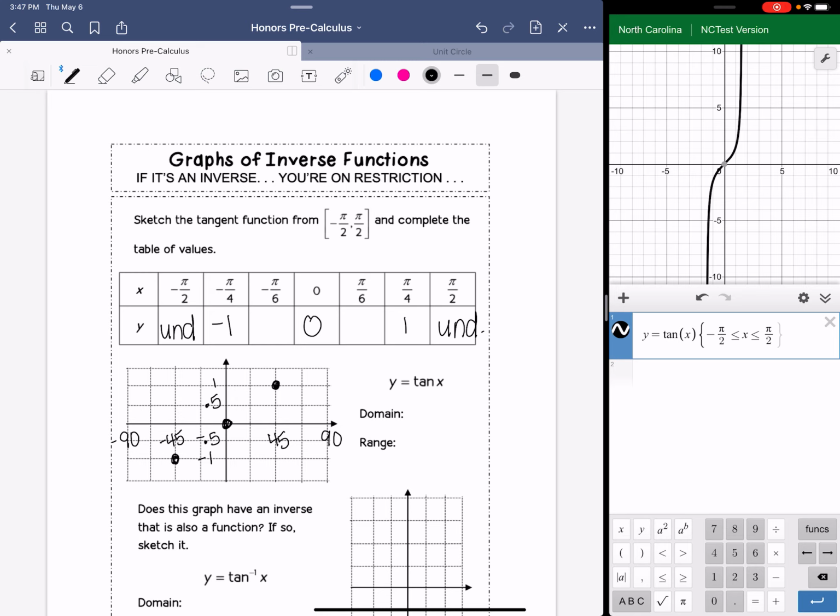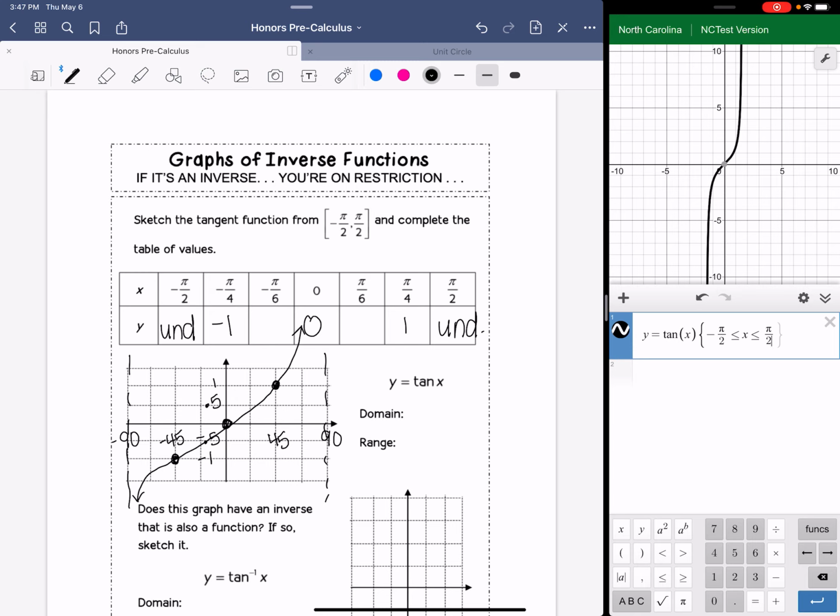So we have negative 1. So we have that, basically that vertical asymptote on each side because we restricted it, but we have those pieces that are restricted there. So we're going to continue to approach, okay, the undefined values.